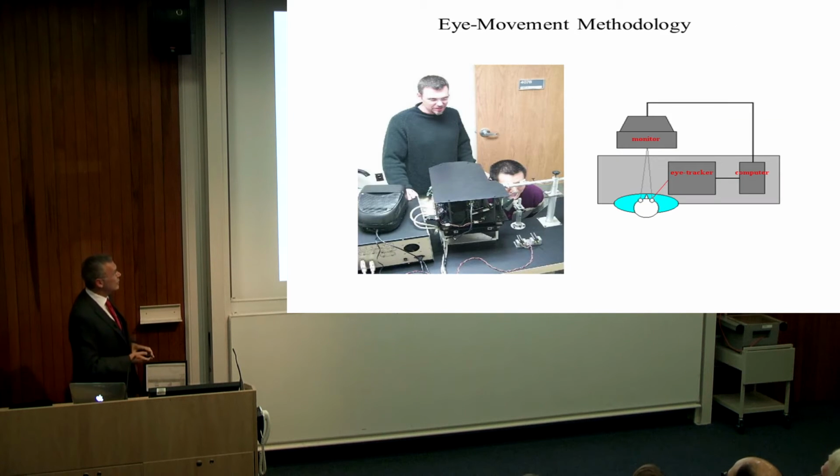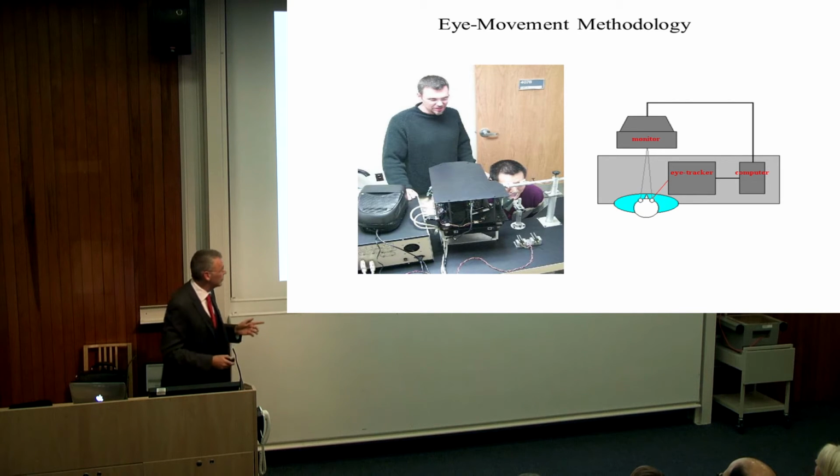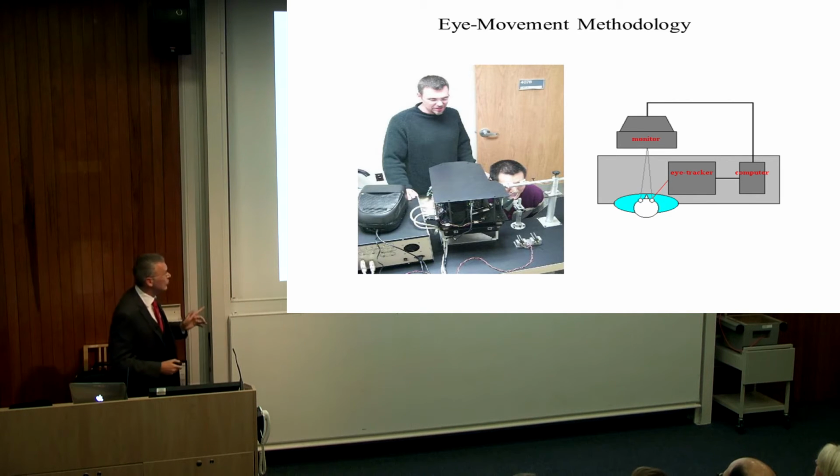So that being said, let me give you a little background about what they do. They spent big parts of their careers studying eye movements and reading, and in order to do that, you need to know a little about the technology and methodology that's used. On the left is a picture of an eye tracker. This is an old school dual Purkinje image eye tracker, which records the movement of the eye using a collimated beam of infrared light.